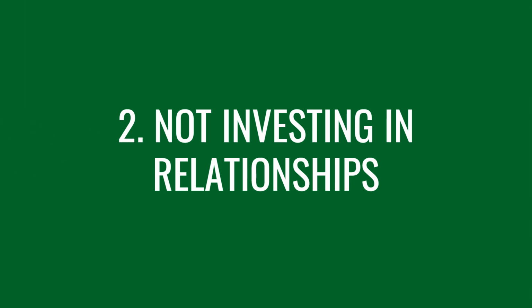Number 2, not investing in relationships. Inevitably, things will go wrong. No matter how well you've planned, things will go wrong. Building and nurturing relationships with everyone involved, or key stakeholders, if you will, another business term, is critical to working through those inevitable challenges.